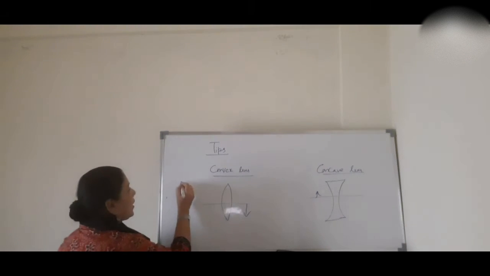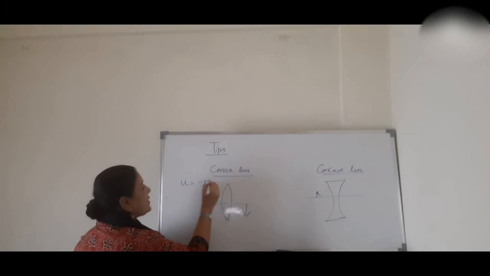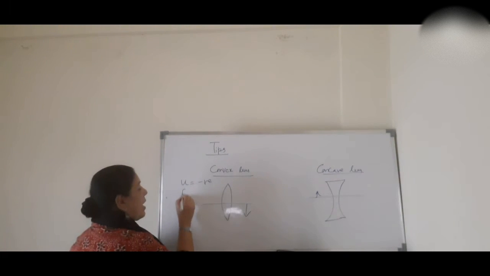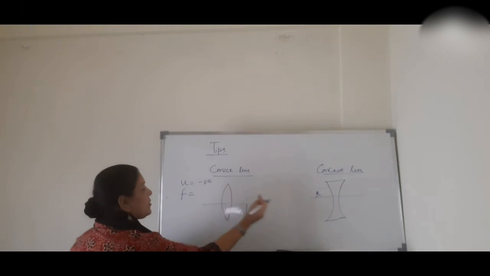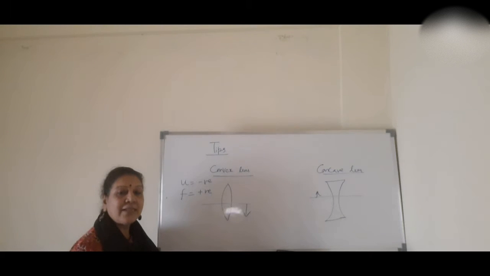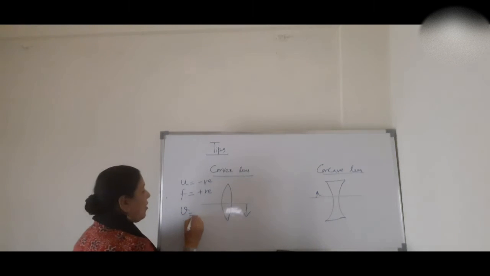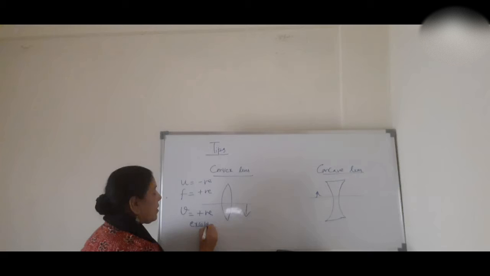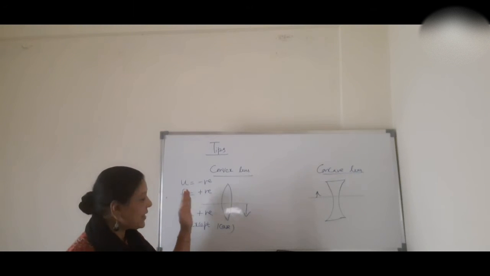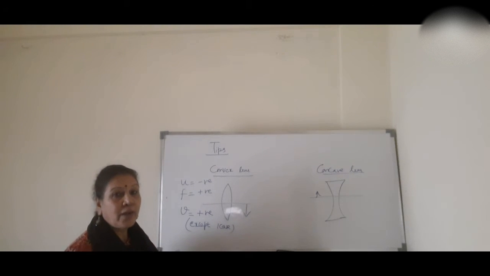So first, U is always negative for a convex lens. F is always positive, because it is on the other side. And V is positive except in one case: when the object is very close to the lens, the image is formed on the same side, virtual and erect.